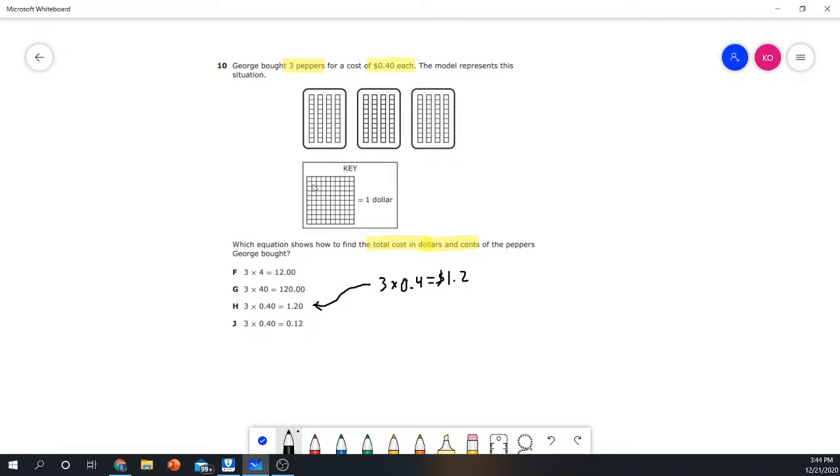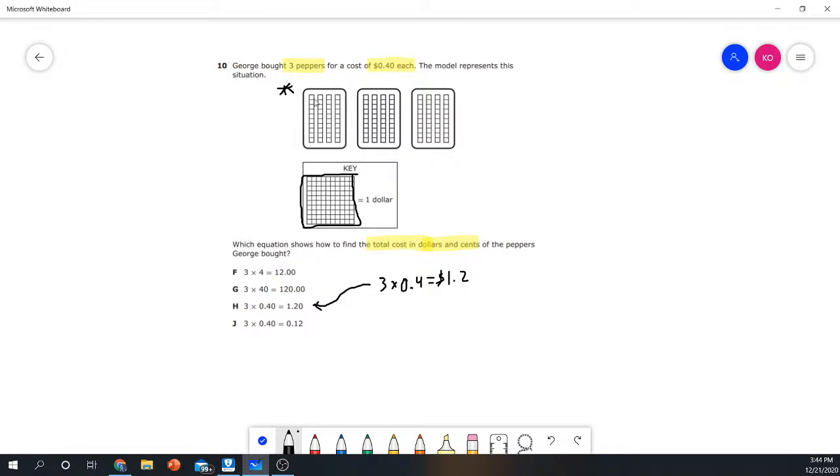Now let's try using the visual as well. We see with the visual that $1 is this much. It's like this whole 10 by 10 little square. So now let's look at this part right here.